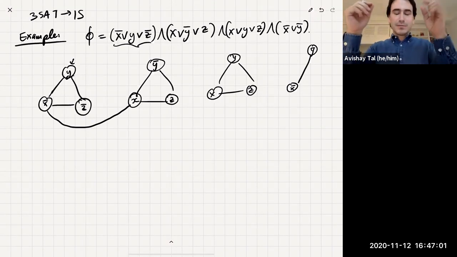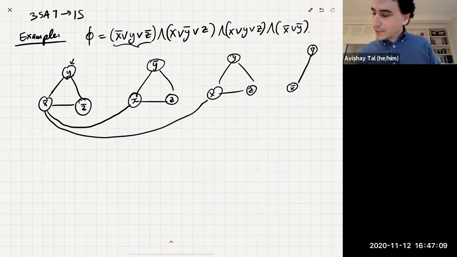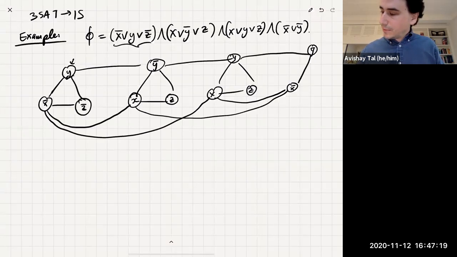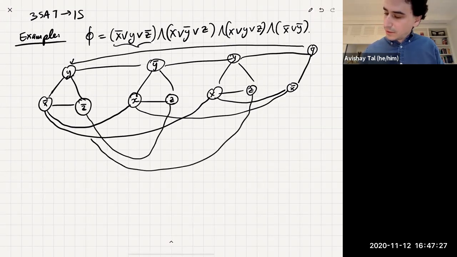So by putting an edge, I'm enforcing a constraint that the independent set can choose at most one of them. So I need to add these 4 edges between X and X bar, these edges between Y and Y bar, and between Z and Z bar, I have this edge and this edge.